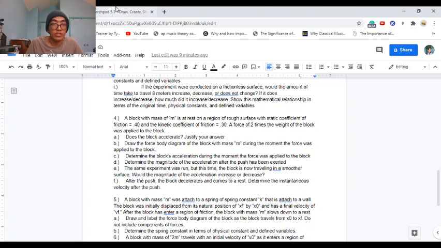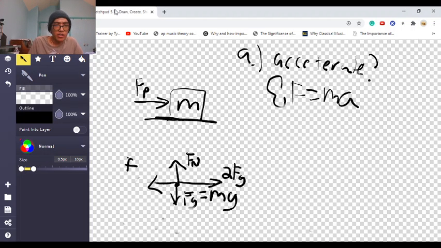The block's acceleration. Okay. So again, always think about this equation right here. Remember, we already know that the force of the push is greater than the force of static friction, right? Therefore, there has to be a net force along the x-axis, right?